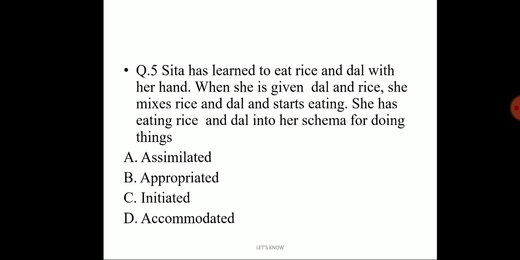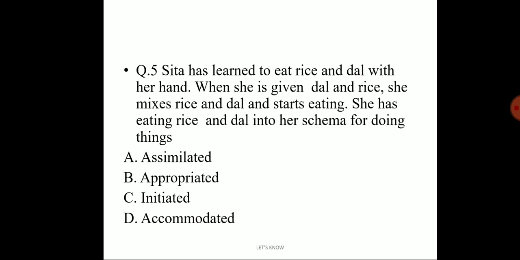So as we already discussed the terms used in Piaget's theory, here we have seen that assimilation means when we receive some information and we fit it into our mindset. We capture the information, that is, we capture the schemas. It is assimilation.